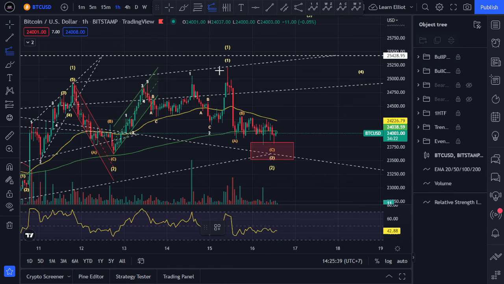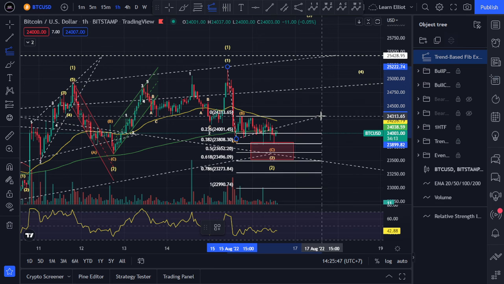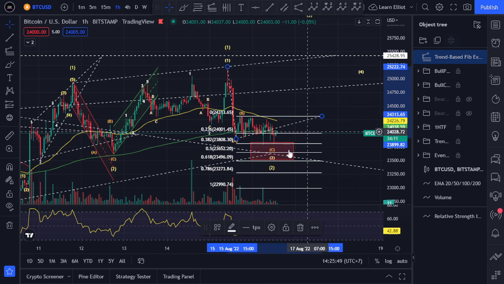How I get this is from this 25,200 high, calculating that the target for the next C wave here is around 0.382 until 0.618 Fibonacci retracement.